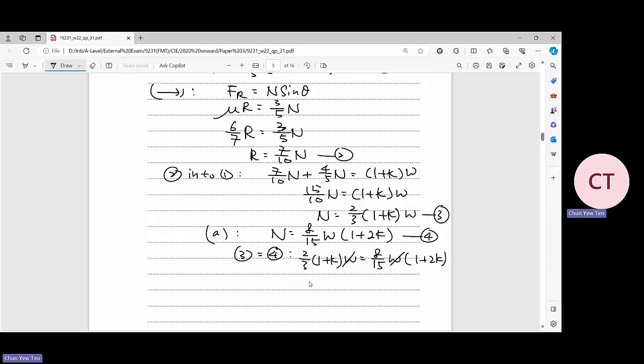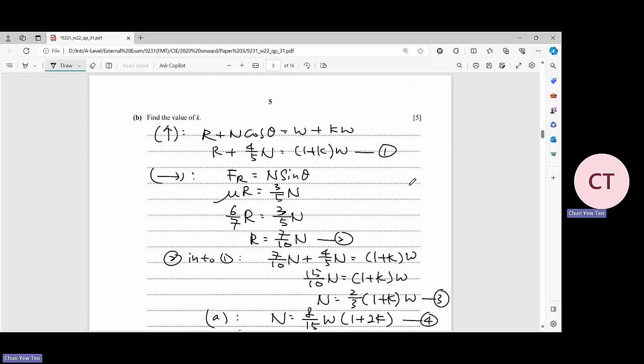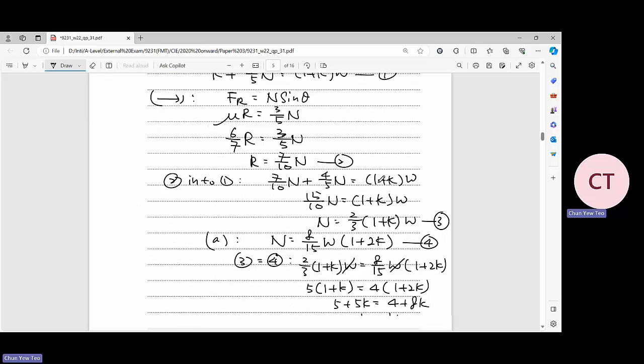You will get 5(1 plus K) is equal to 4(1 plus 2K). So expand, simplify, 5 plus 5K equal to 4 plus 8K. So your K will be equal to 1/3. Just like that. Done. That will be the answer for question number 3B.